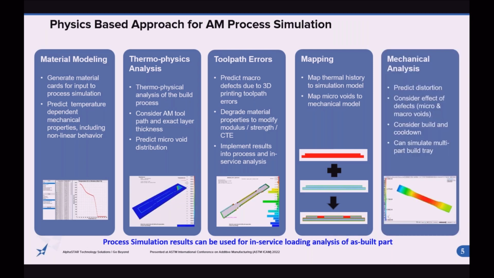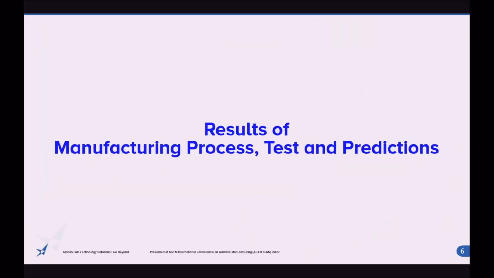With that analysis, we can then predict distortions, net shape, warpage, shrinkage, other parameters that are related to as-built part quality. And in addition to that, our tool set can take that virtual as-built part, subjected to in-service loads, to see as-built or as-is part performance. So ultimately, process simulation can take you down the road to the analysis of the as-built part.